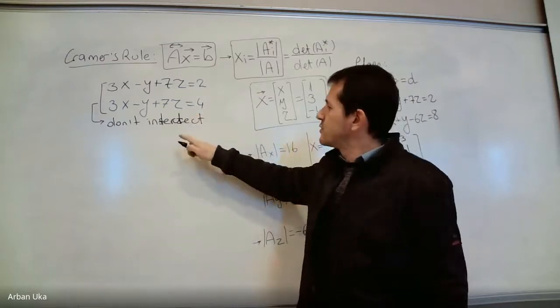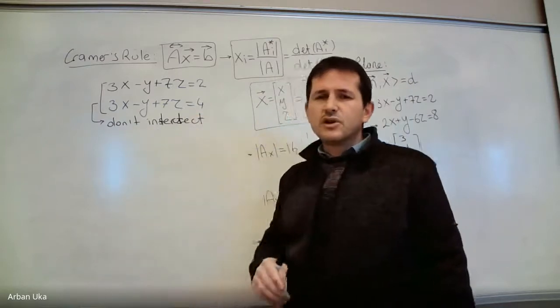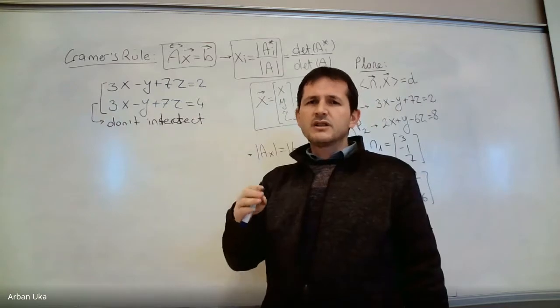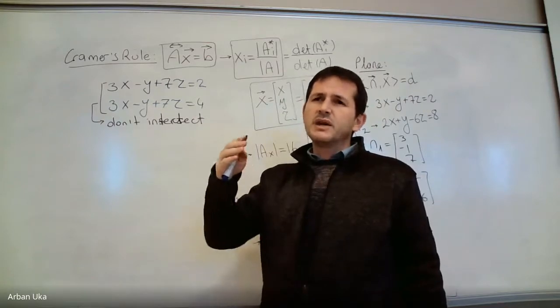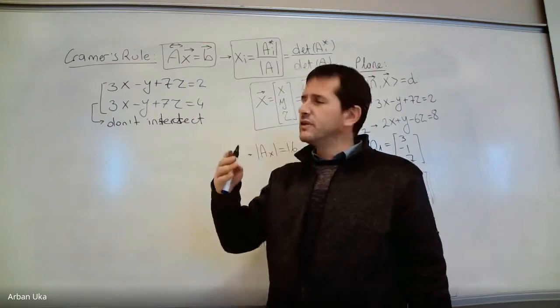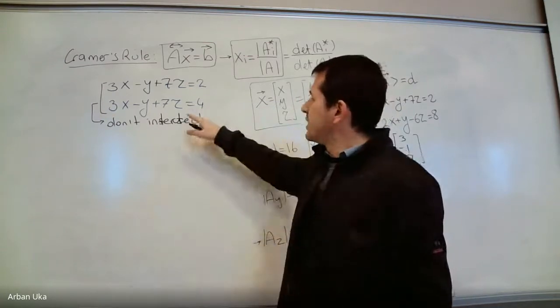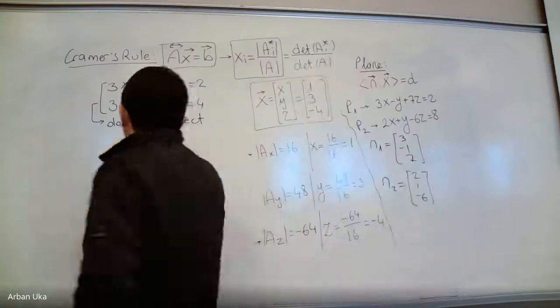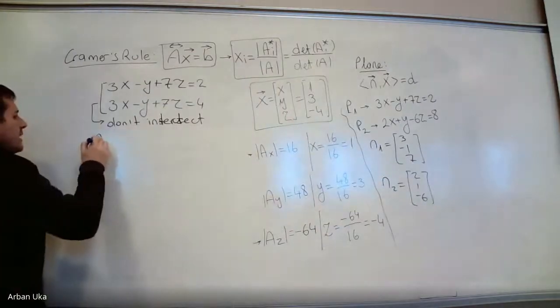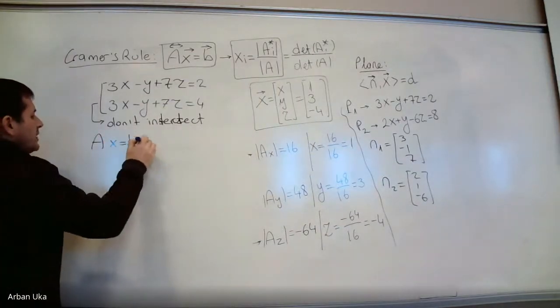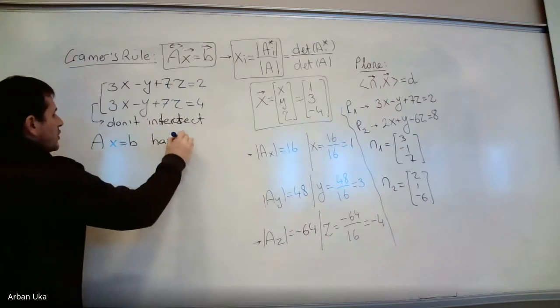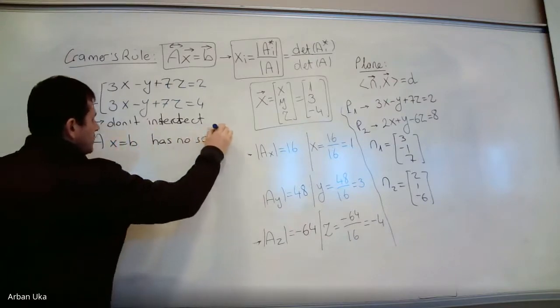Geometrically, in space, we can say that they don't intersect, or we can say that the system AX equals B has no solution.